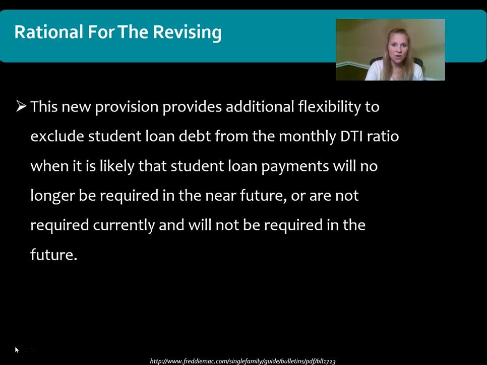So again, I just wanted to point out that these revisions that Freddie Mac has made to the student loan calculation payment updates are all good things. It's giving us flexibility as an underwriter to be able to quickly determine what monthly student loan payments are without having to go back to the borrower and ask for additional documentation.